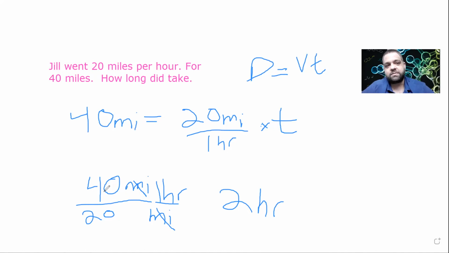Does it make sense that you would go 40 miles at 20 miles an hour and do that in half an hour? No, it doesn't. So do those gut checks. If you get something different than what your gut tells you is right, it may be that your gut is wrong and your math is right, or something could have happened. So you just want to double check that really quick.